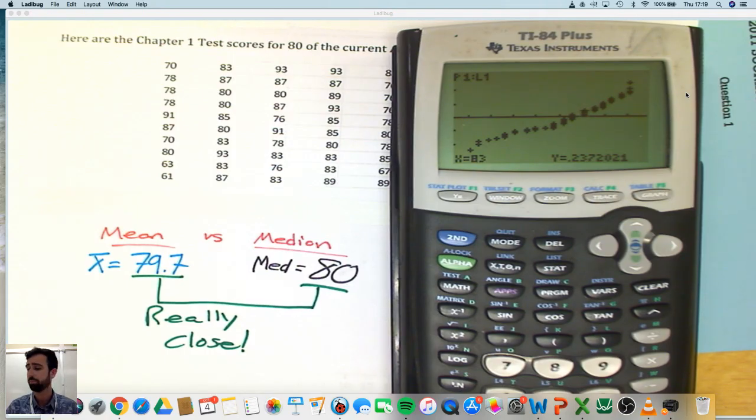Okay, so hopefully that helped you figure out how to use the calculator and how to dive into checking normality. Because there may be checking normality on your test in your classroom. We're going to see in our AP problem that there is a question on the AP exam that happened in 2011 where it asks you to check to see if this data seems normal. And we'll take a look at that in a minute.